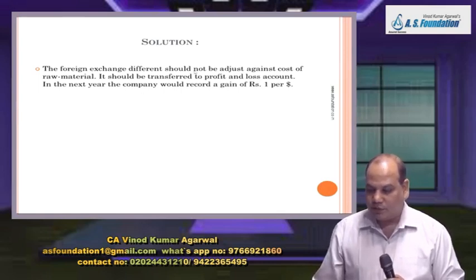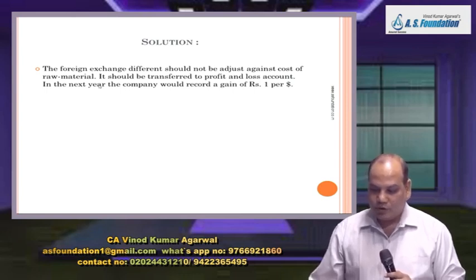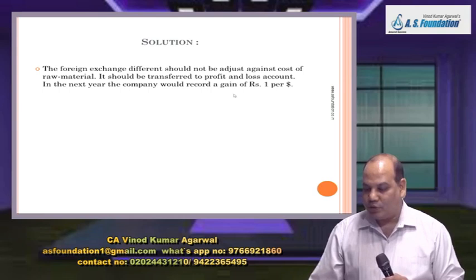first, the foreign exchange difference should not be adjusted against cost of material. It should be transferred to P&L account. In the next year, the company would record a gain of rupee 1 per dollar.